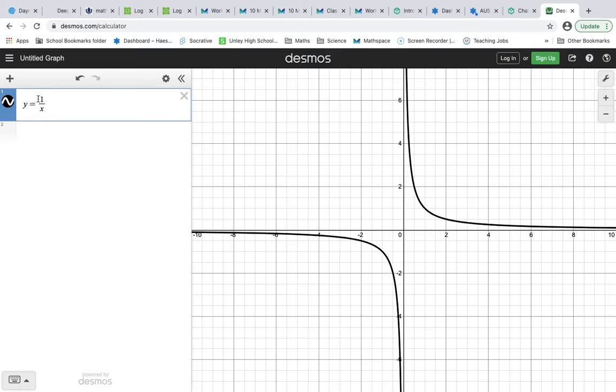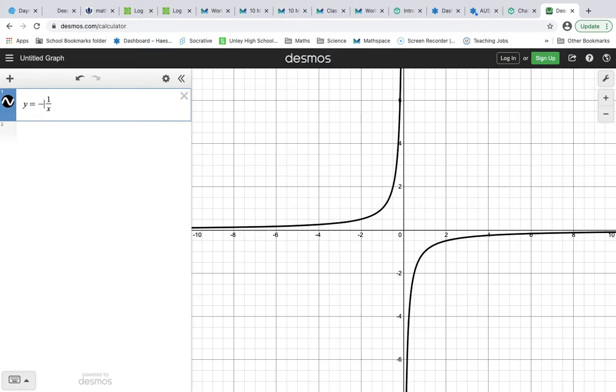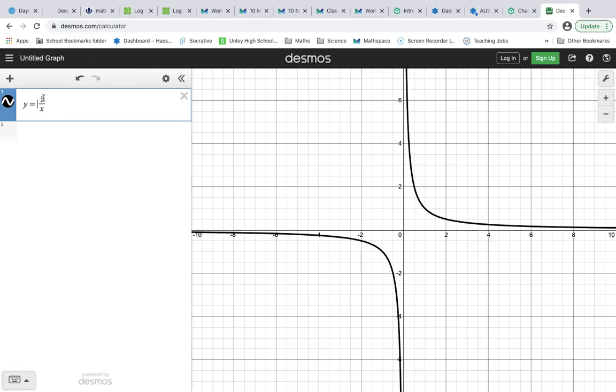So if I whack on a minus here, right, so we used to have values there, they're now negative, they're down here. We used to have values here, they're now negative of negative, up there, they're now positive. Right? So hopefully that's not too surprising.